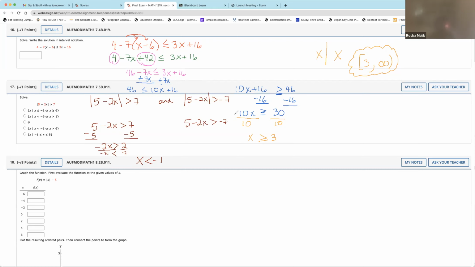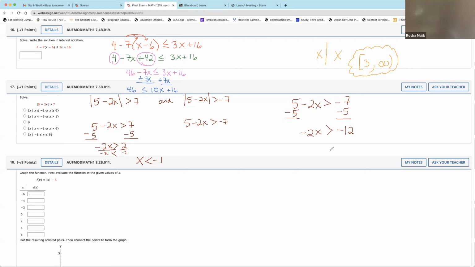And I go to this side. I'm going to erase this stuff. Then I'm solving the 5 minus 2x greater than negative 7. Minus 5 goes to the other side. Negative 2x is greater than negative 12.